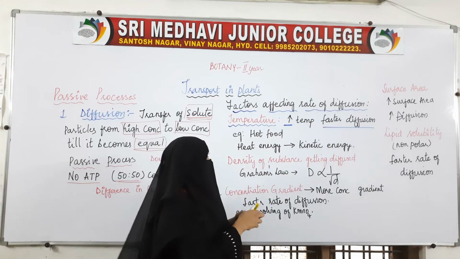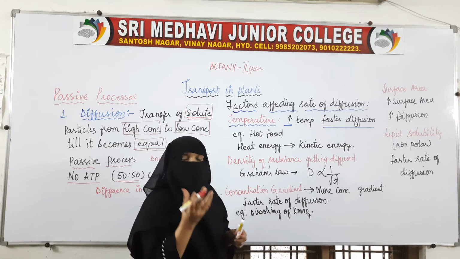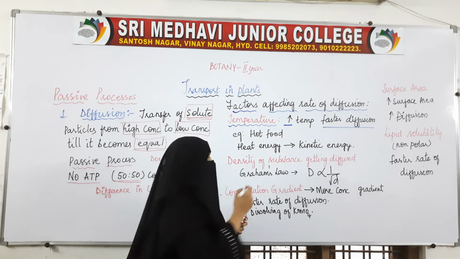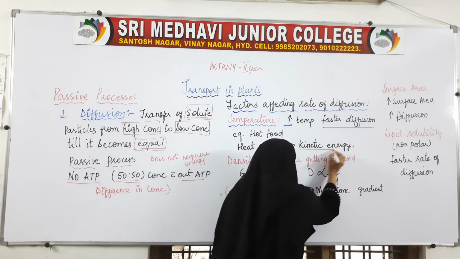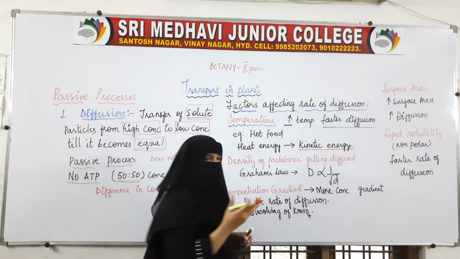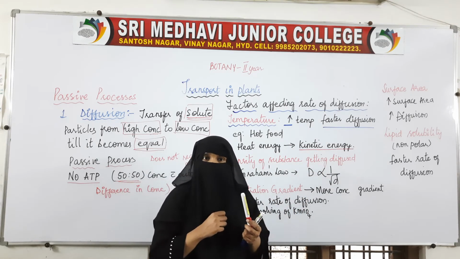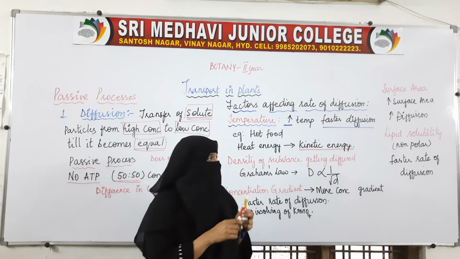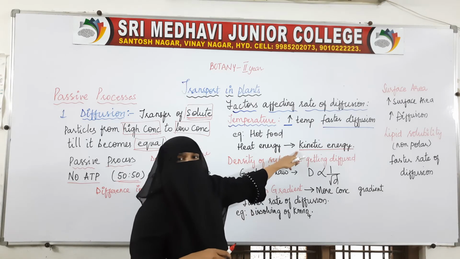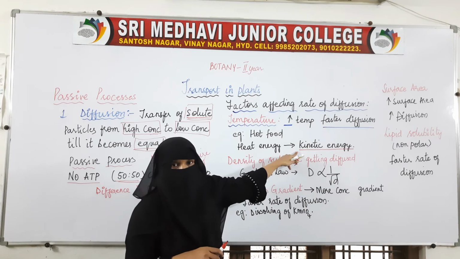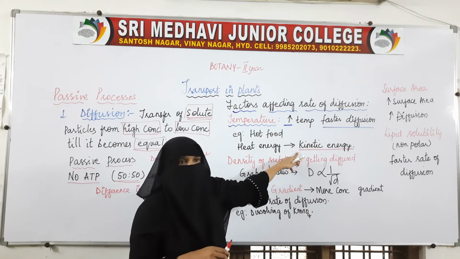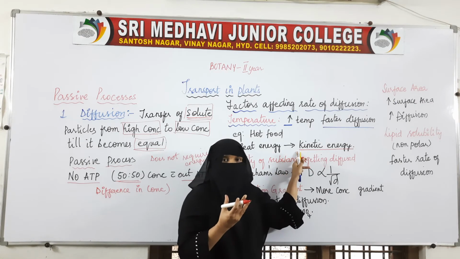When the food is heated, the food gets heat energy. When food is heated, that means heat energy is given to the food. So now what happens is that heat energy will be converted to kinetic energy when the food particles get the heat.